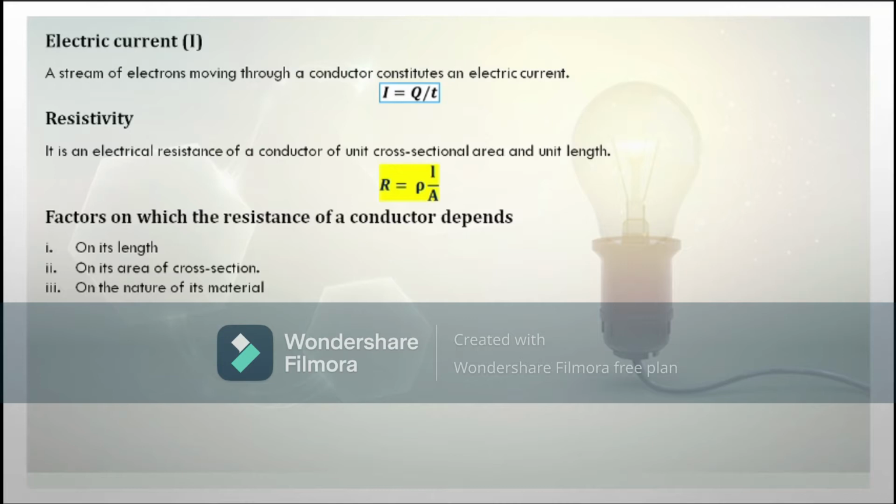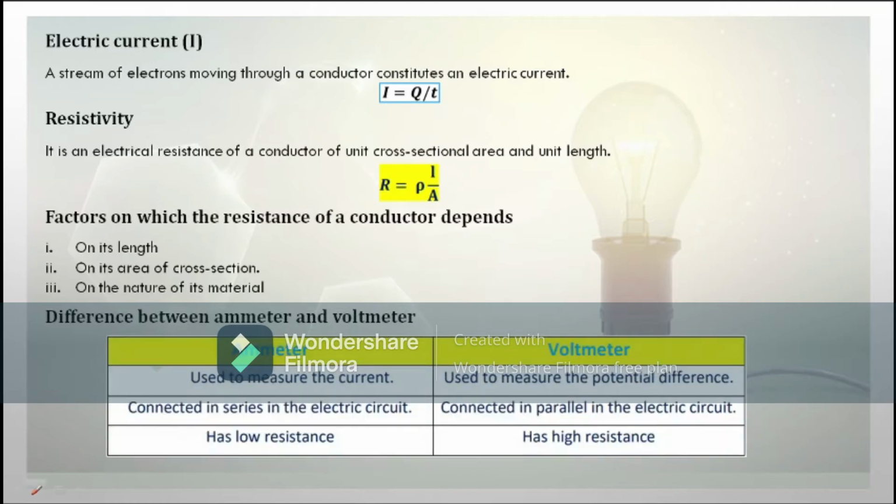Then, moving on to the next point, you should know the difference between an ammeter and a voltmeter. An ammeter is a device used to measure current. How much current is passing through the circuit we can measure using an ammeter, whereas a voltmeter is a device used to measure the potential difference, that is the voltage.